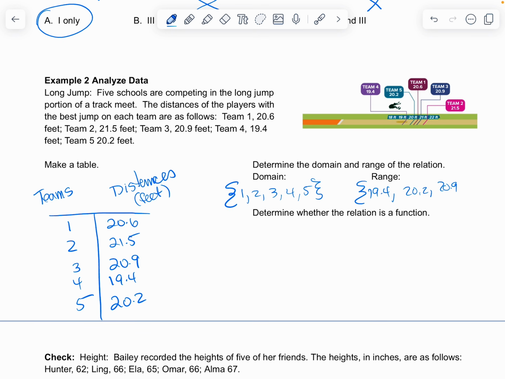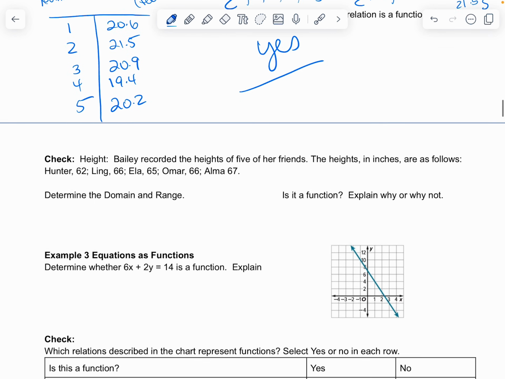Oh, did I forget 20.6? 20.6, 20.9, 21.5. Is it a function? Yes, because each one of the teams only has one. Yes, it's a function. Each team only has one distance.